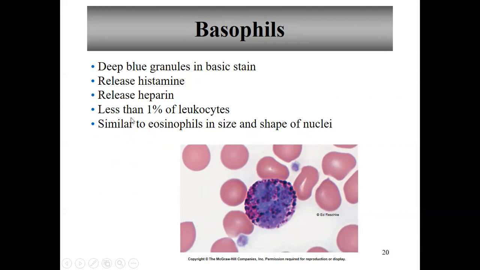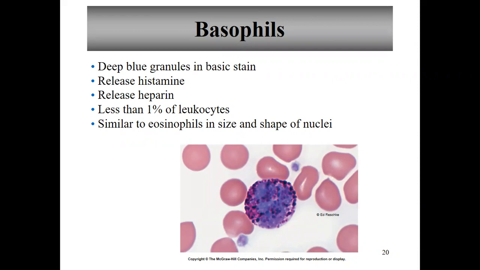So if 1% or more of a person's white blood cell count is actually basophil, then we know that this person is releasing histamine or heparin for some reason. They're similar to eosinophils in their size and in their shape, but they're not eosinophils, obviously. So basophils release histamine. They also release heparin. They're supposed to be less than 1% of the total leukocyte volume.